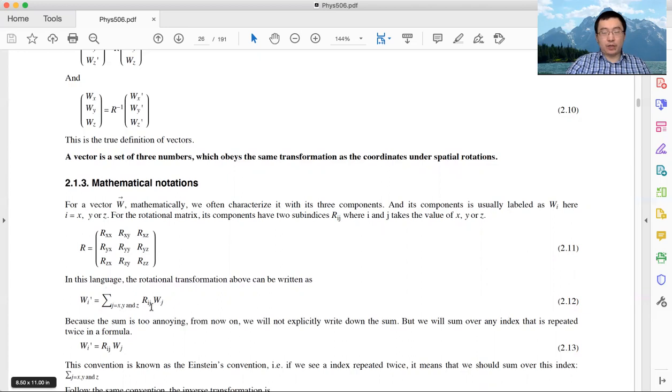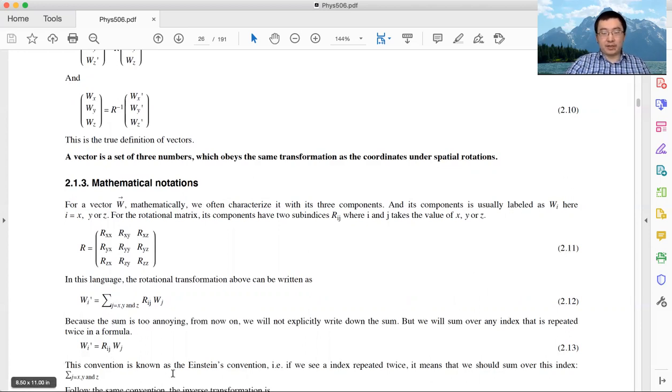As long as we have two identical subscripts, or indices, j and j, we do a sum over j. We still do the sum, but we no longer write it down. As long as we see the repeating index j, it means we multiply this together and sum over j: j equals x, j equals y, j equals z. So from now on, we will not write down this sum anymore.